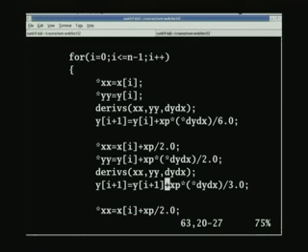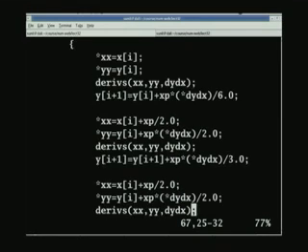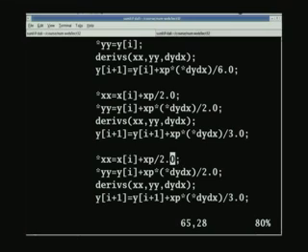Then to the old y_{n+1} I add h times this derivative evaluated with the new x and y value, divided by 3. I do that step once again, shifting x to x_i plus h by 2, and y to y_i plus h times this derivative evaluated here divided by 2. Then I supply that, get a new derivative, and add that to y_{n+1}.